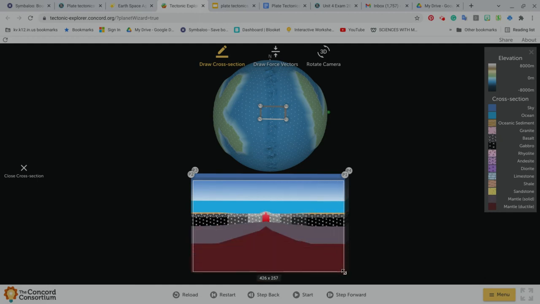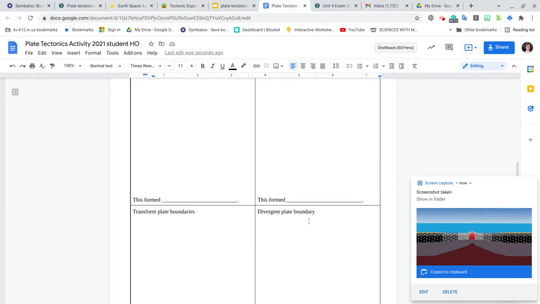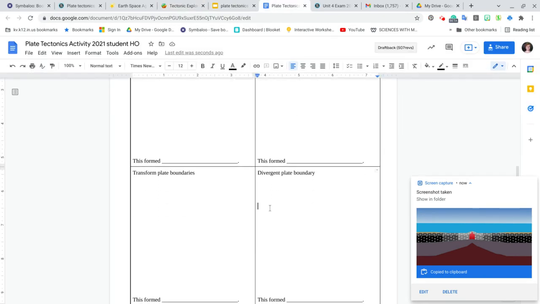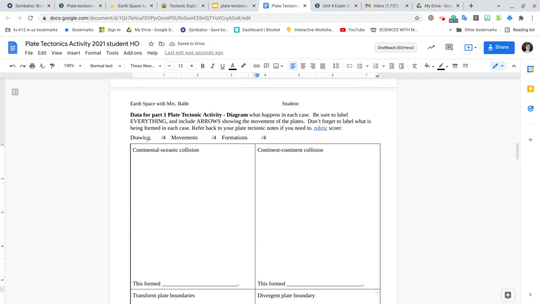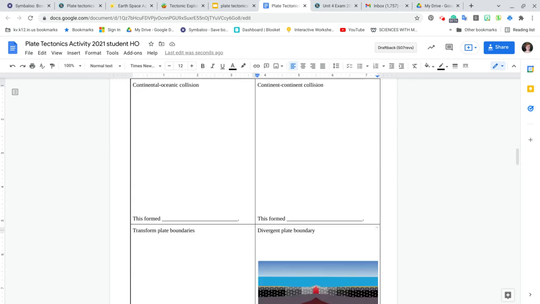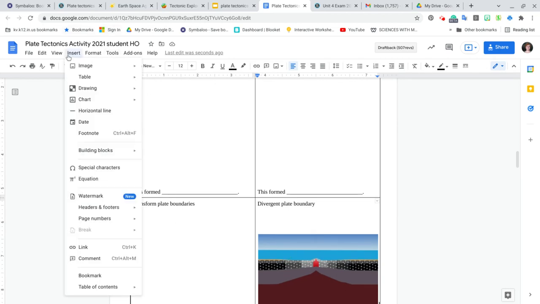I can do this. Capture. And I can make it back to my copy. This is my divergent. Draw what's going, it still says label. So you quote drew it. Can I still add to that? Add insert.